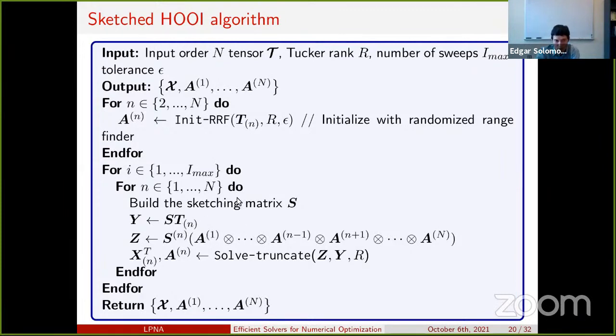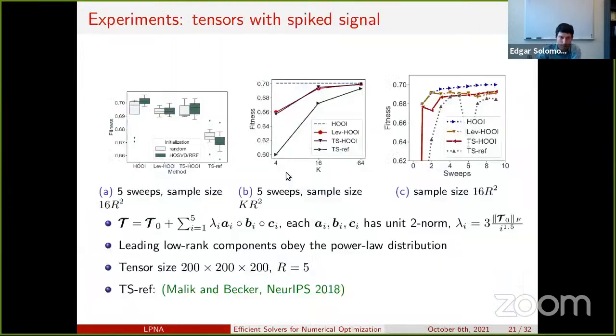So then for each factor and for each iteration, we build the sketching matrix, we perform the sketch on the tensor, and then we perform the sketch on the actual linear equations that we need to solve. Then we perform the solve and truncate to obtain the result. So it's a simple modification of the standard HOOI algorithm.